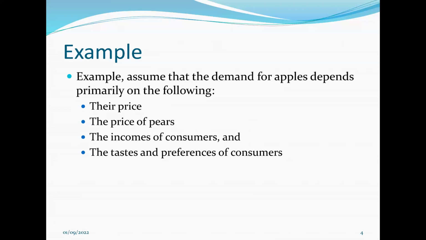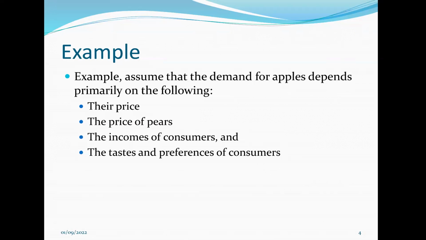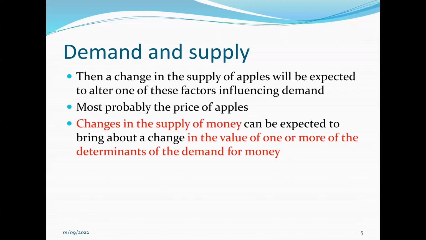These variables that influence demand include the price of the commodity, the price of related goods, the income of the consumer, and the tastes and preferences. Those are the ones that influence the general demand, right?